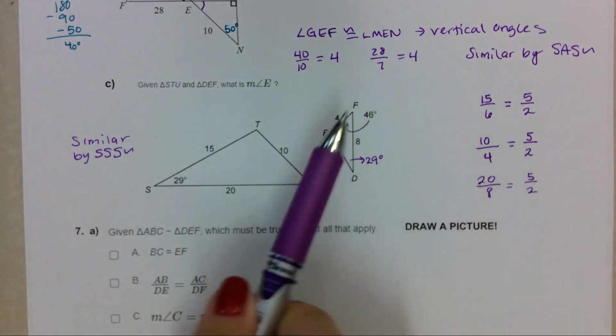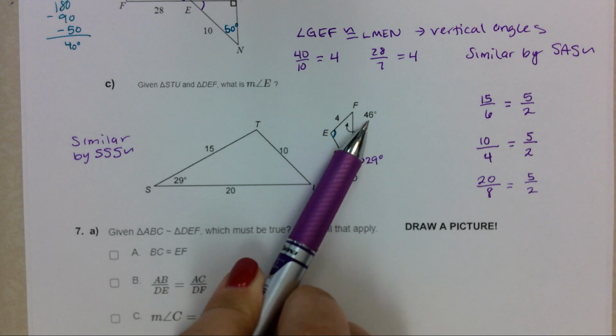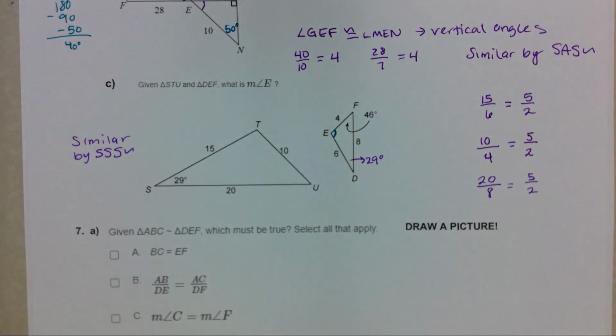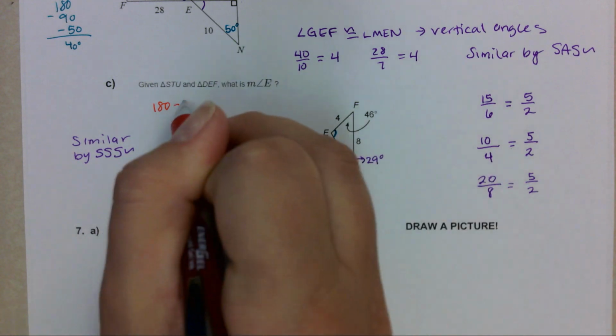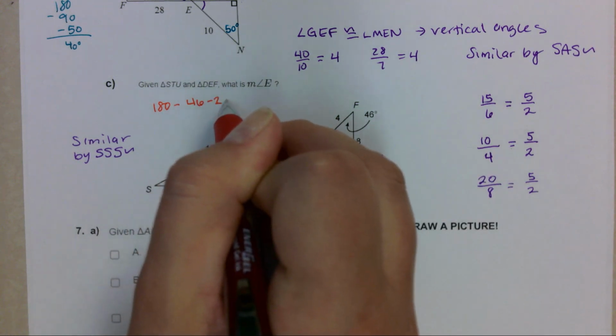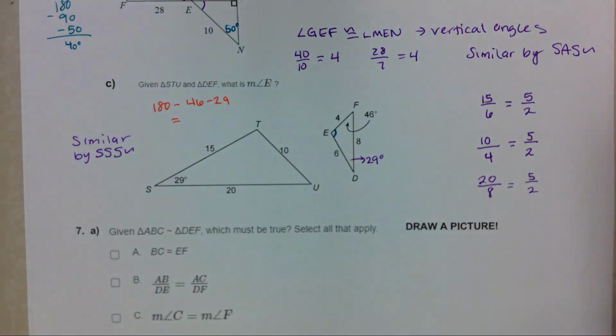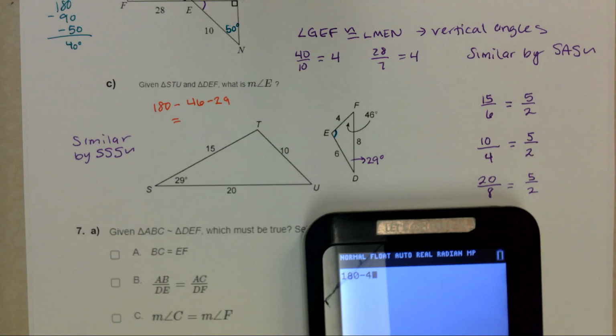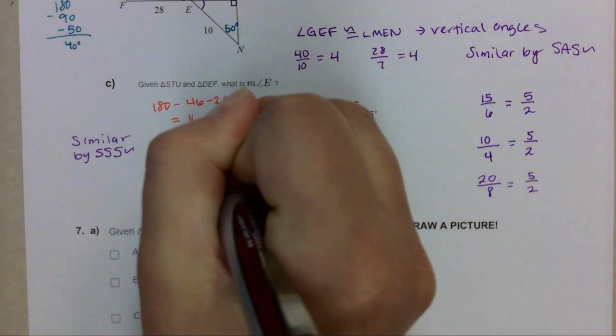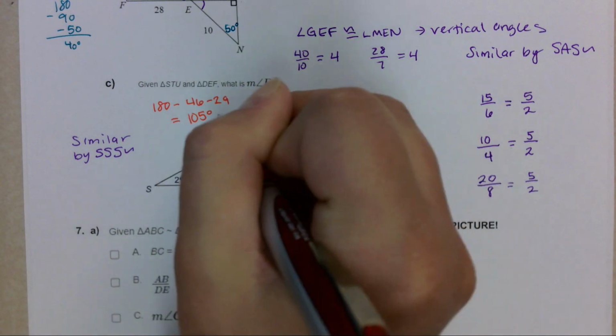And so we have angle F is 46, and so if I need angle E, I can take 180 minus 46 minus 29. And I get 180 minus 46 minus 29 is 105 degrees for angle E.